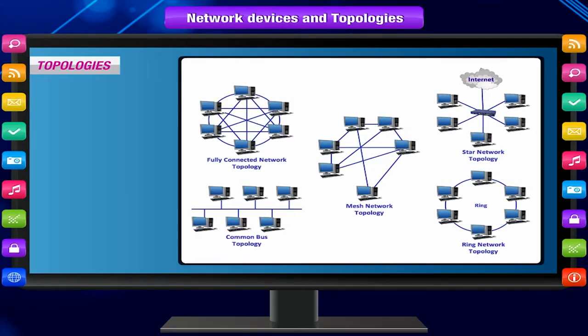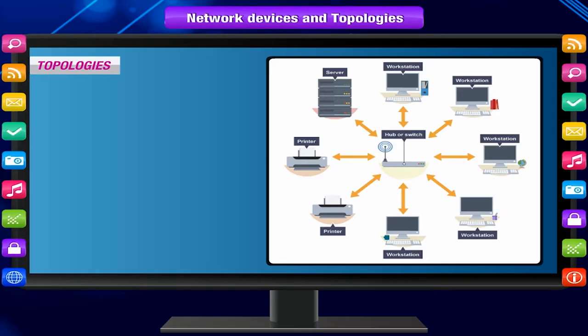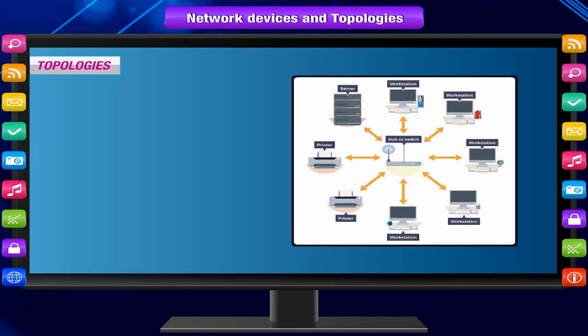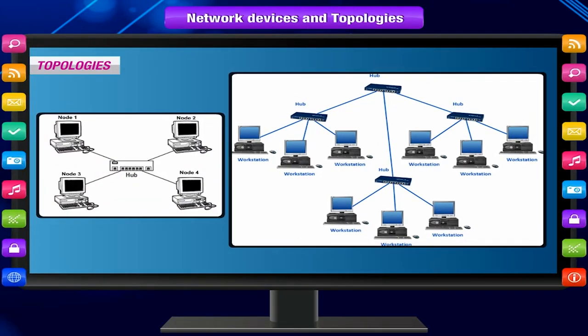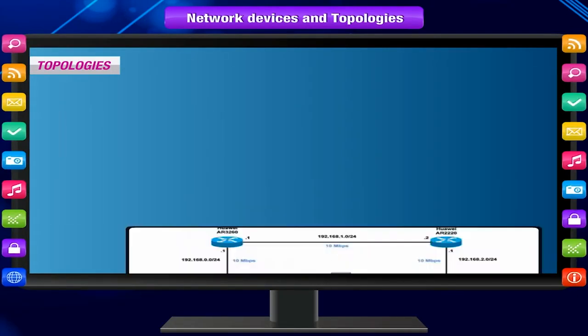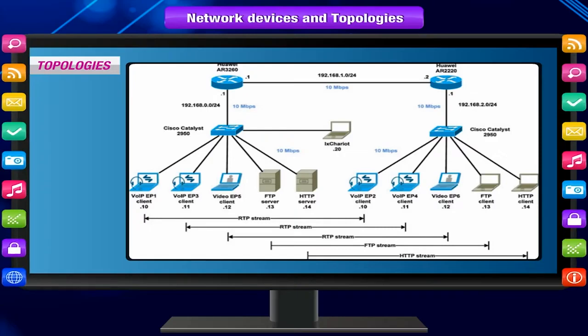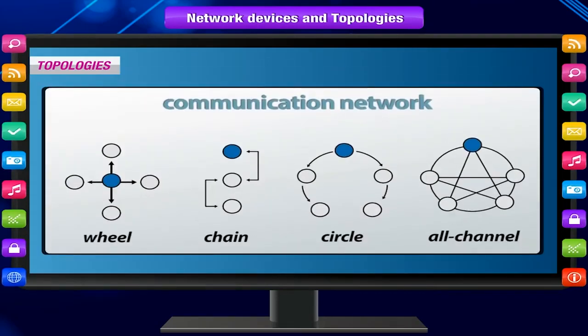Topologies. A network uses an appropriate topology to arrange the hardware devices using the media. The shape of a network and the relationship between the nodes in that network is known as the network topology. The network topology determines what kinds of functions the network can perform and what the quality of communication will be between the nodes.